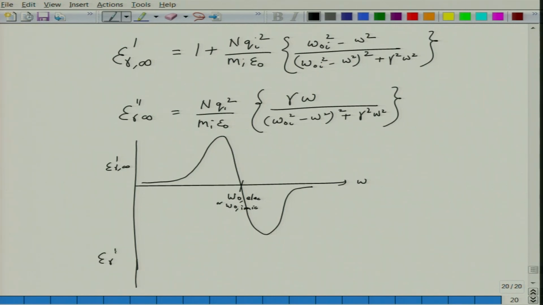And when you plot epsilon r double prime infinity, at this point the system shows a high loss. This is the reason why we see those resonances in the dielectric constant plot. We will dwell upon this a little more in the next lecture, but what we have established is a simple framework to calculate the complex dielectric constant on a microscopic scale for electronic and ionic polarization. Okay. Thank you very much.